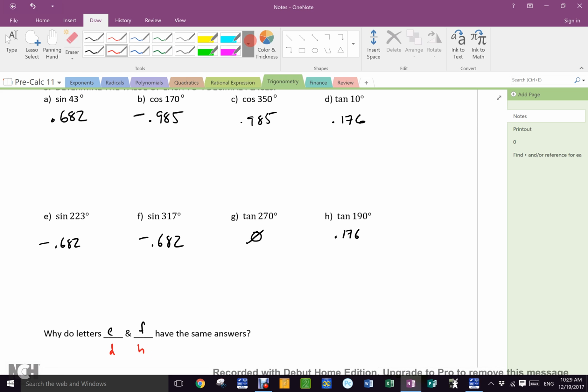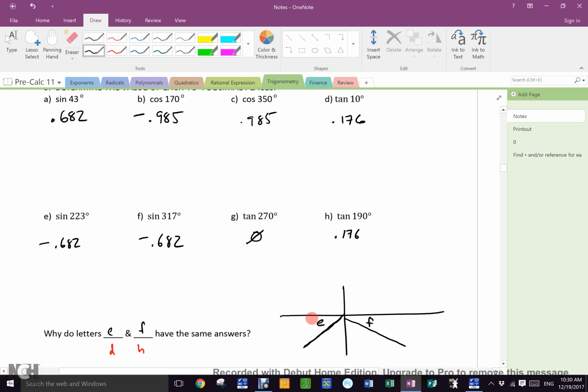So, the reason that is, you guys already know, I think, in your heads, where would E be on this? Where would 223 be? Down here, yeah? Everyone agree? And where would F be? Quadrant 4. There's E, there's F, yeah?